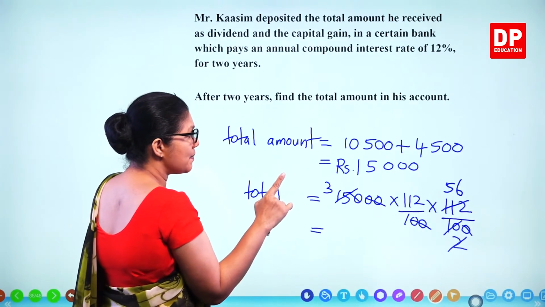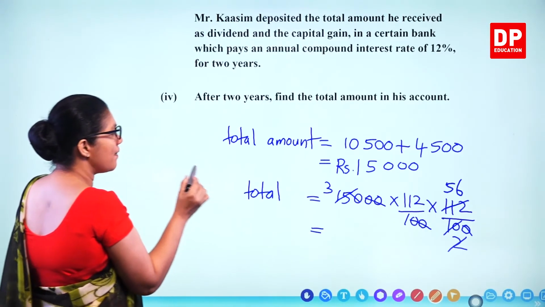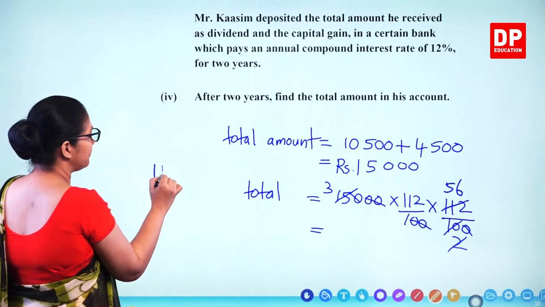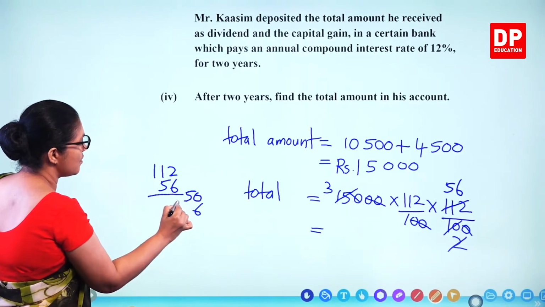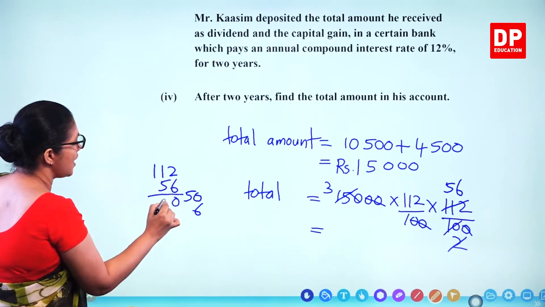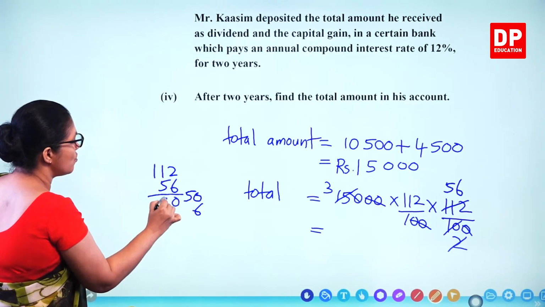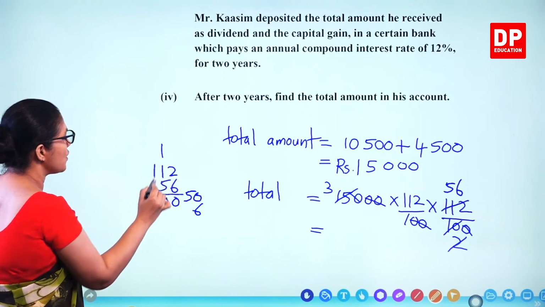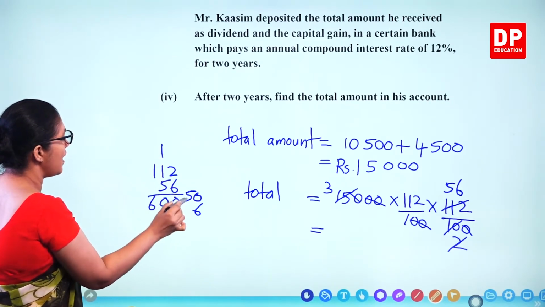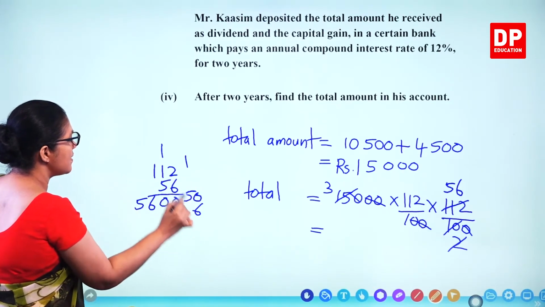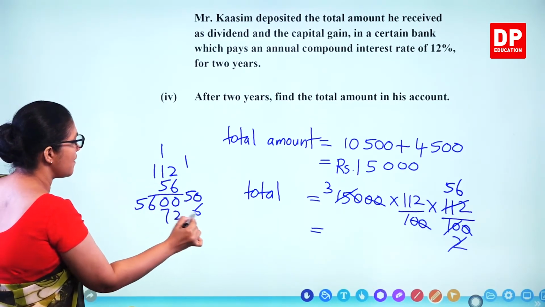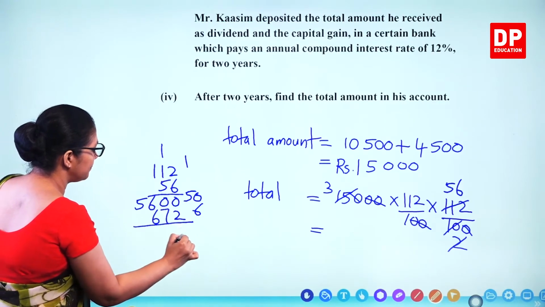Now we need to multiply 112 with 56. 50 and 6, you get 5 times 2, 10, 5 times 1, 5 plus 1, 6. 5, and 5 times 1, 5. 6 times 2, 12. 6 times 1, 6 plus 1, 7. 6 times 1, 6.